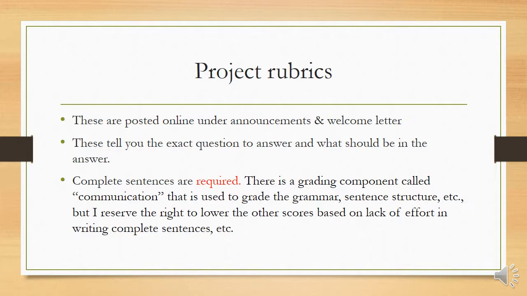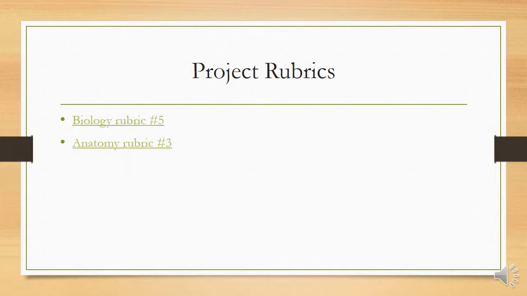Even if you're not doing so well with the answers, but you're writing them well and following all the different requirements, you can actually get a better communication score, or it can be reversed. You might be answering the question, but it's not following the proper grammar, sentence structure, etc., and then I reserve the right to lower your communication score. So it's almost a freebie 4 points.